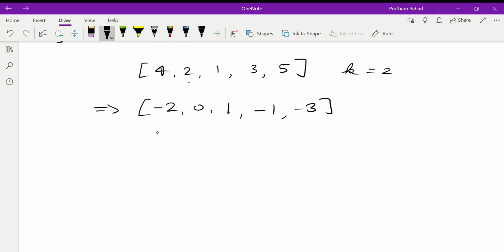We have seen our equation, right? We will do k minus x1. We'll do k minus x2. We'll do k minus x3. Yes.